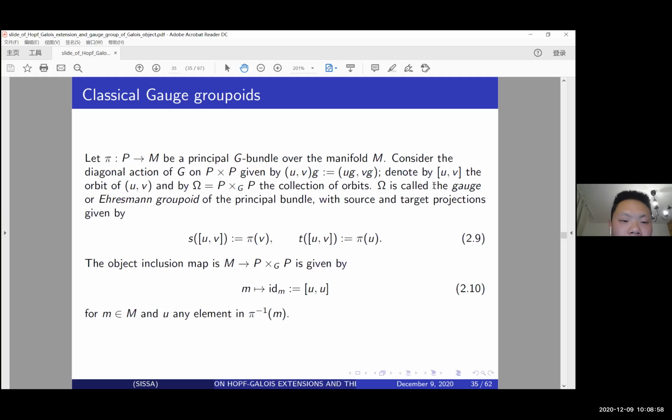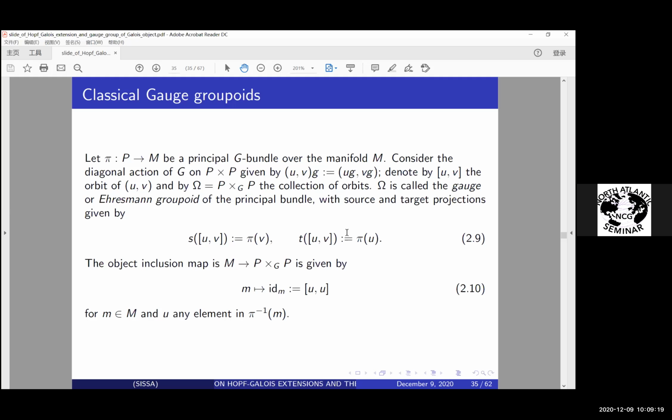Then Omega is called the gauge or Ehresmann groupoid of a principal bundle, with the source and target maps given by 2.9. That is, the source map s of (u, v) is the projection on the second factor, and t of (u, v) is the projection on the first factor.